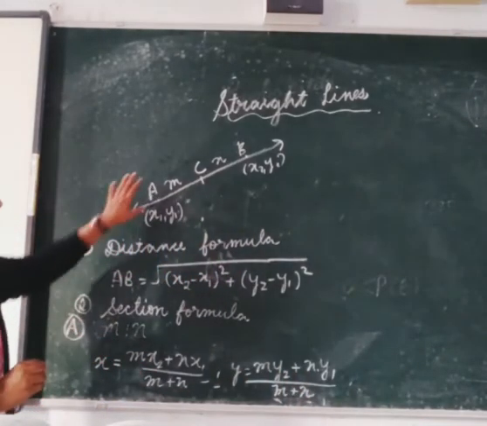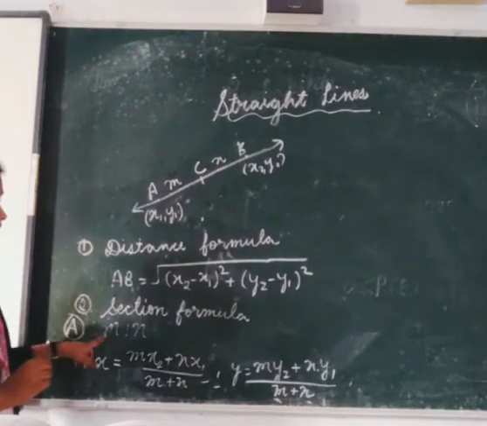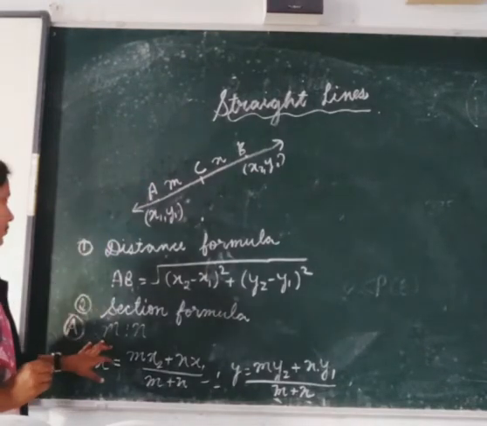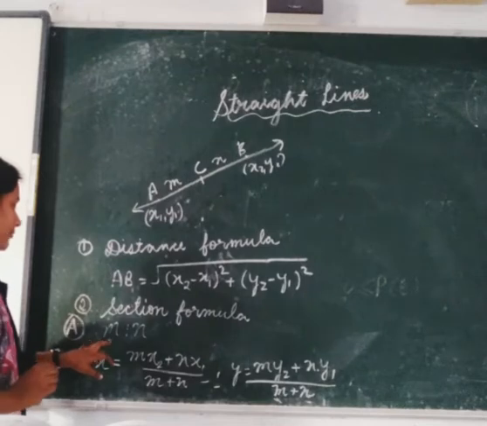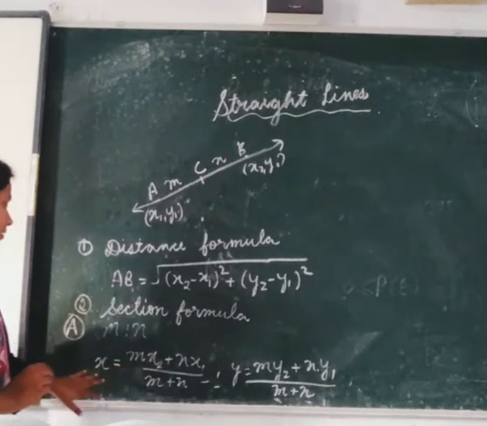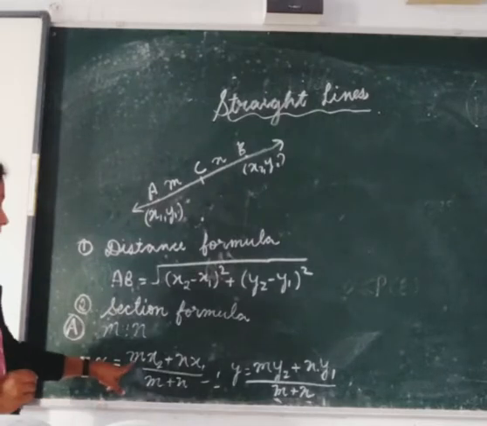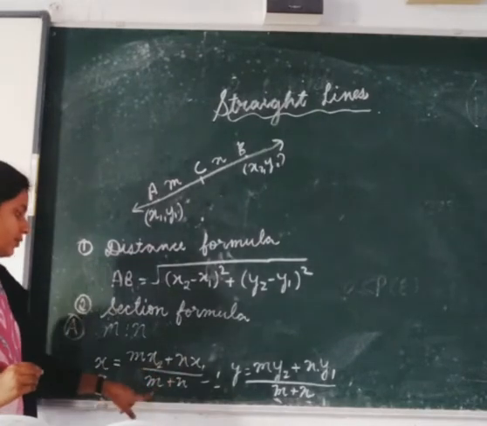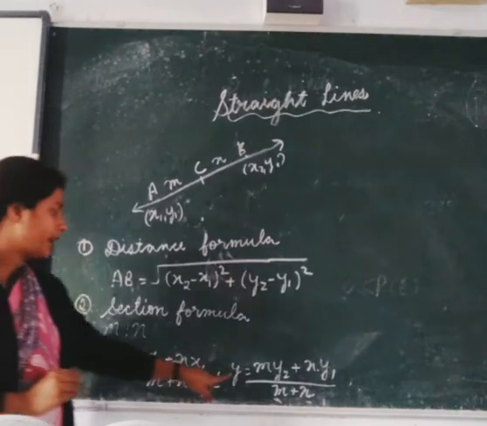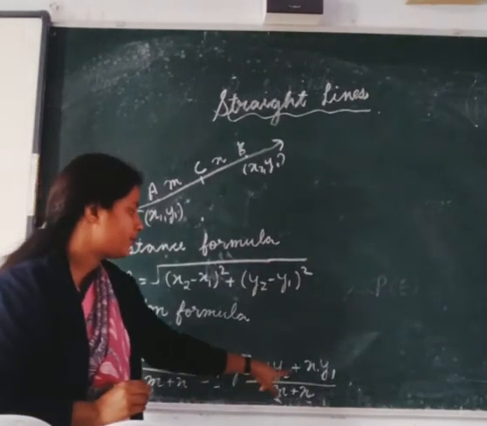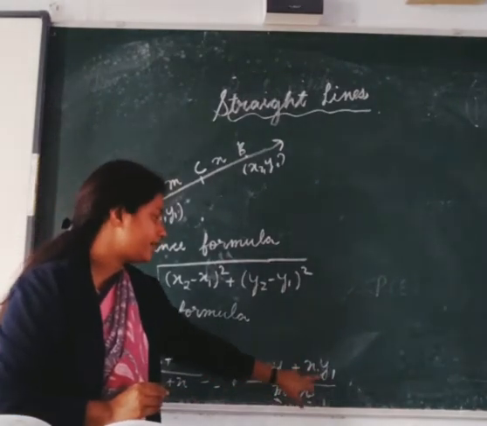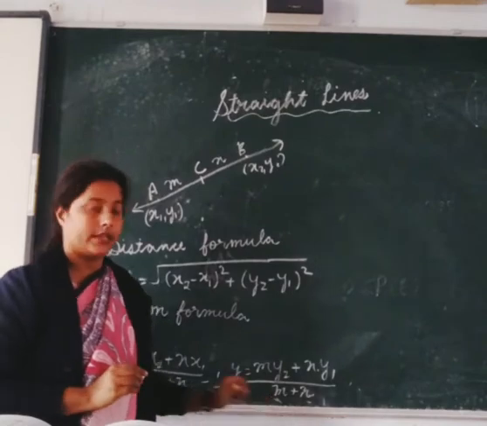That is, if a point C divides the line segment AB in the ratio m is to n, then the x coordinate is given as mx2 plus nx1 upon m plus n, and the y coordinate is given by my2 plus ny1 upon m plus n.